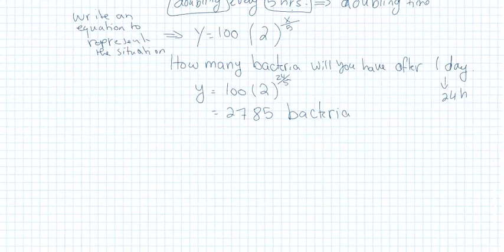So if I have the half-life, the equation is y equals A again. Since it's half-life, what do you think my base is going to be? One half. Why do you say 2?